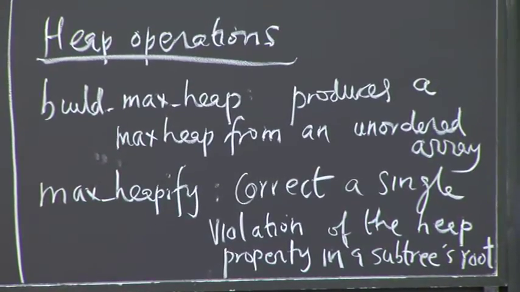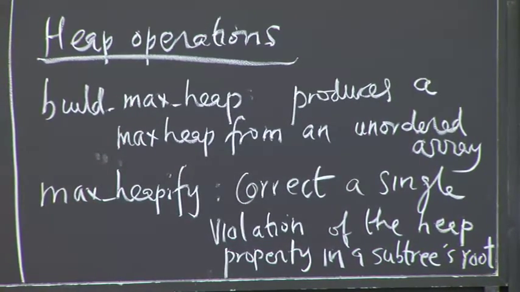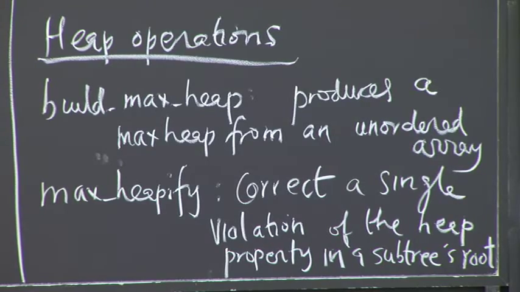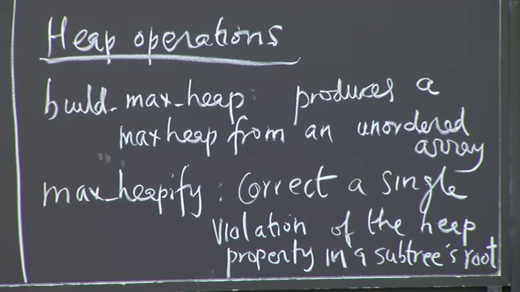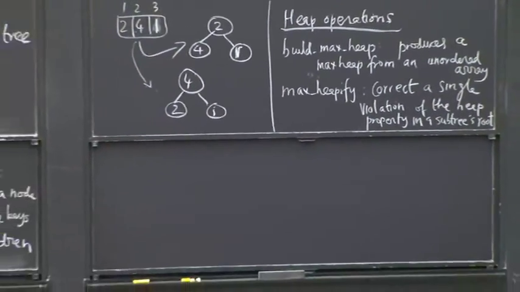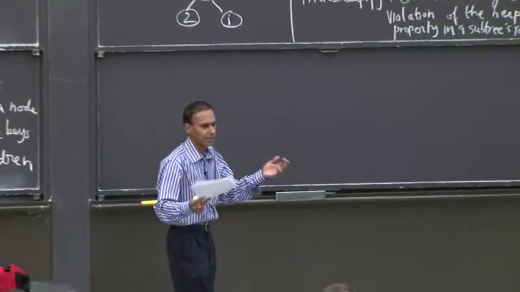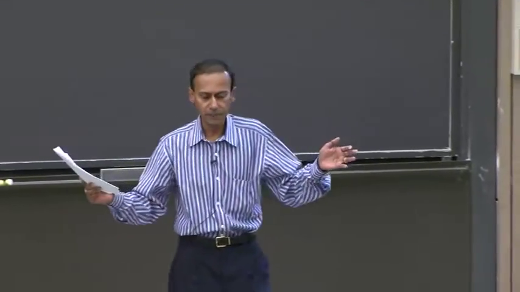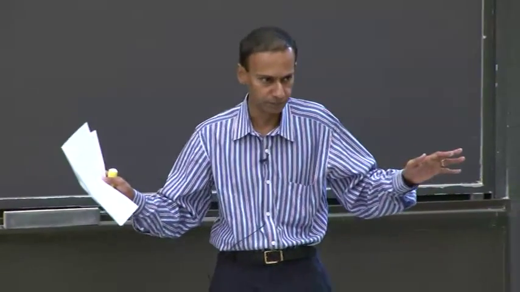So max-heapify is the fundamental operation that we have to understand here, and we're going to use it over and over. What it does is take something that is not a heap, not a max heap. When I say not a heap from now on, pretend that I'm saying not a max heap. We're only going to be talking about max heaps for the rest of this lecture, okay? What max-heapify does is take something that is not quite a max heap. It can't take anything arbitrary.